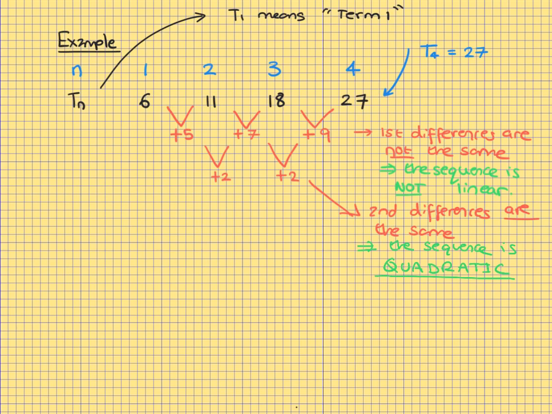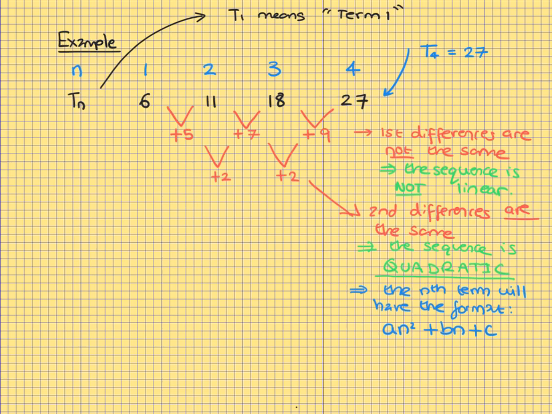So because the sequence is quadratic, the nth term will have the format an squared plus bn plus c. And our job is to find out what numbers a, b and c are in this expression.